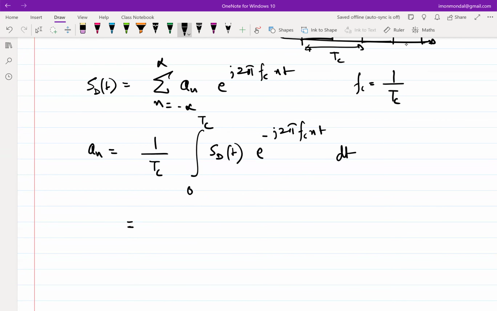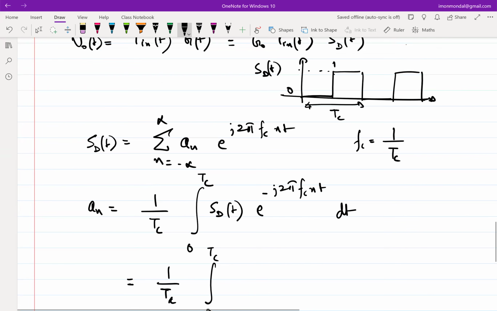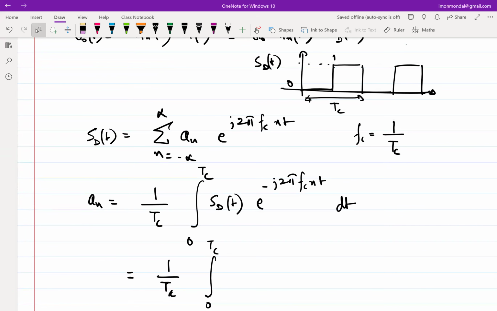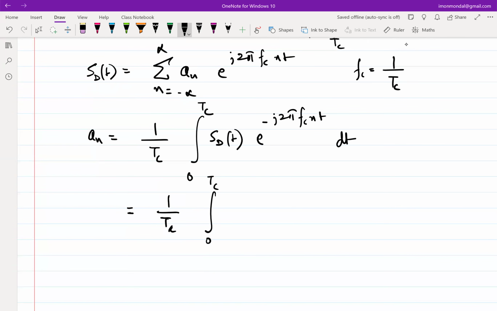Do you know the expression offhand? We can do it. 1 over tc, integral from 0 to tc. SD is 0 to start off, and it is 1 between tc by 2 and tc. So basically, it goes from tc by 2 to tc, of 1 times e to the power minus j 2 pi fc n t dt.